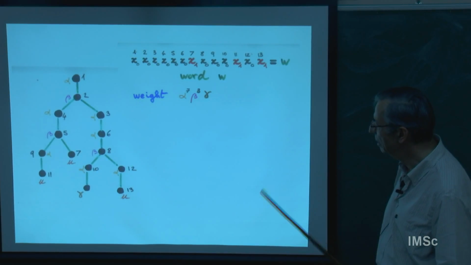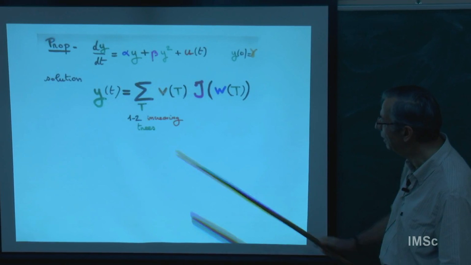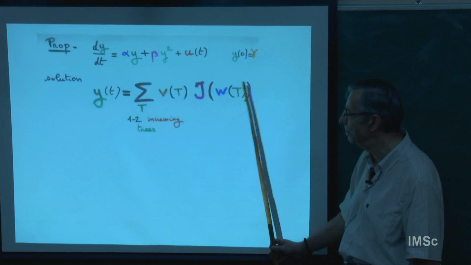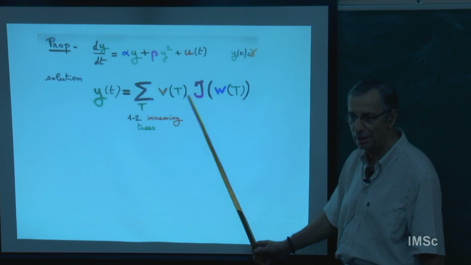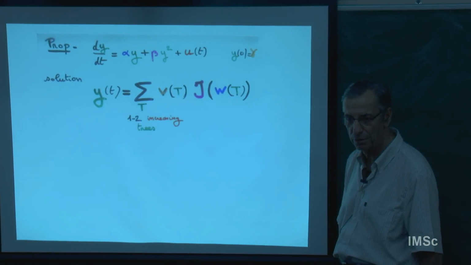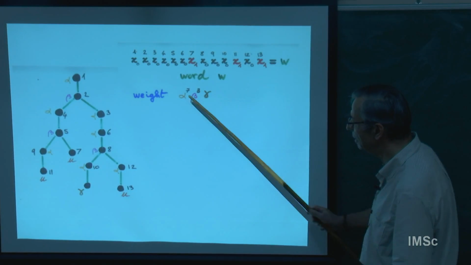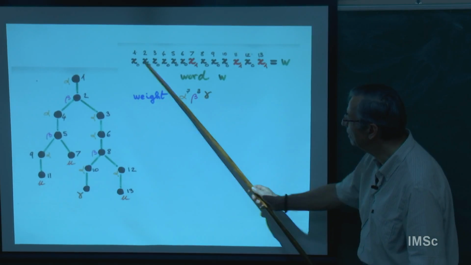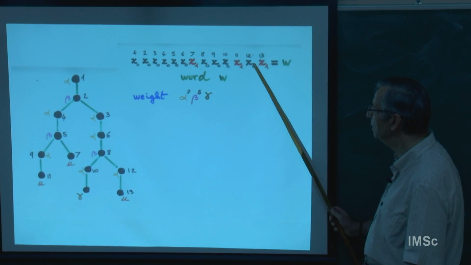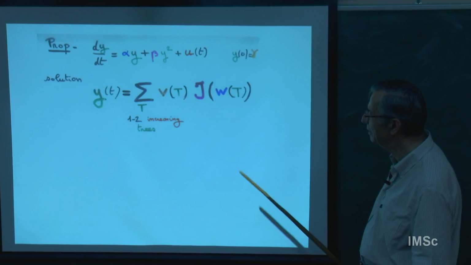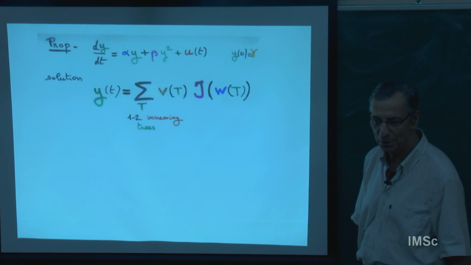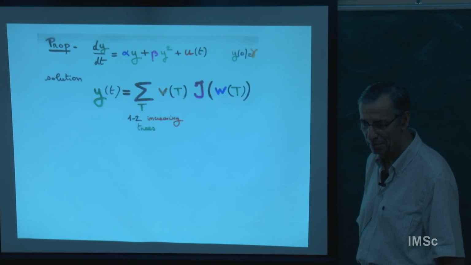And now I claim that the solution is the sum over all trees of the weight times the iterated integral associated to the word of the tree. Take this tree, take the word associated, take the weight. This gives an iterated integral, integrate, multiplied by u, etc. And this gives you a solution of your control theory differential equation.